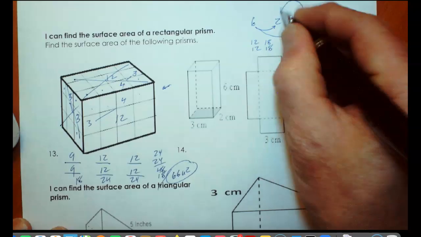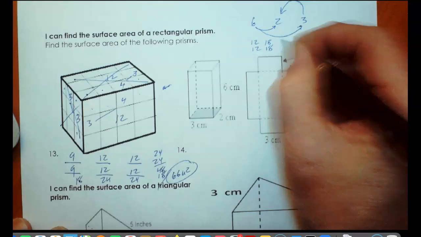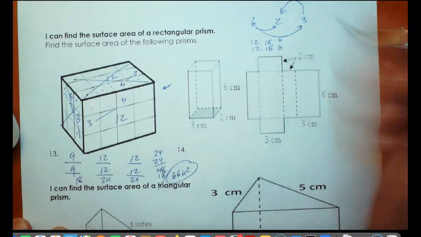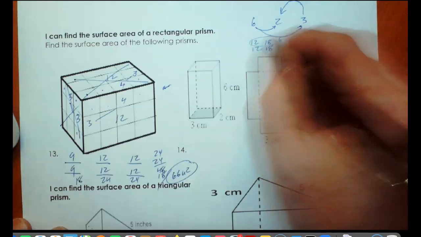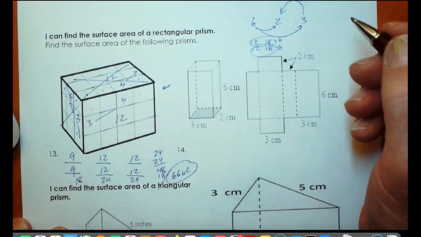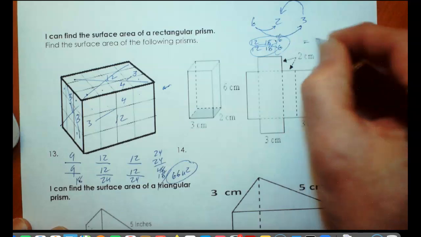And you can go backwards, kind of complete the speech bubble. You have 3 times 2, which is 6 and 6, and you can add all of these numbers up. These two numbers together equal 30. These two numbers together equal 30, so 30 plus 30 is 60. These two equal 12, so you have a total of 72.